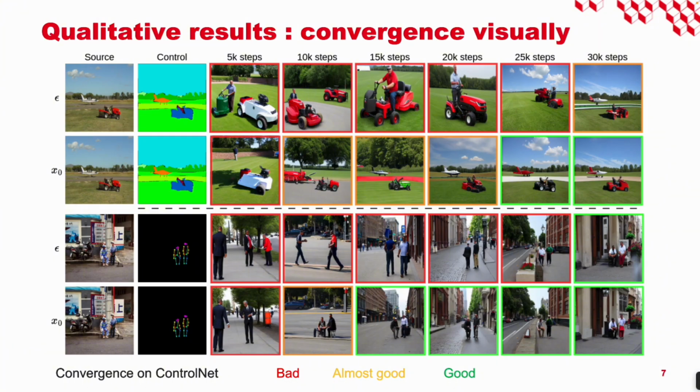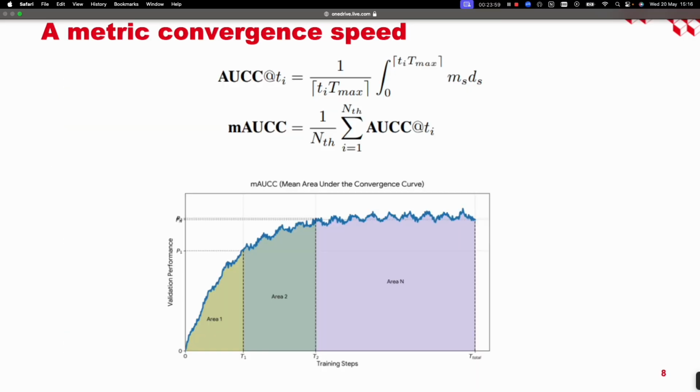In the case of pose-guided generation, again, we can see that the model quickly learns to follow the right human poses. To quantitatively measure the convergence speed, we propose to average the performance curve over multiple training time horizons. This averaging makes the metric less sensitive to a given time horizon, promotes initial cumulative gains, and reduces the effect of a performance plateau on the final metric.